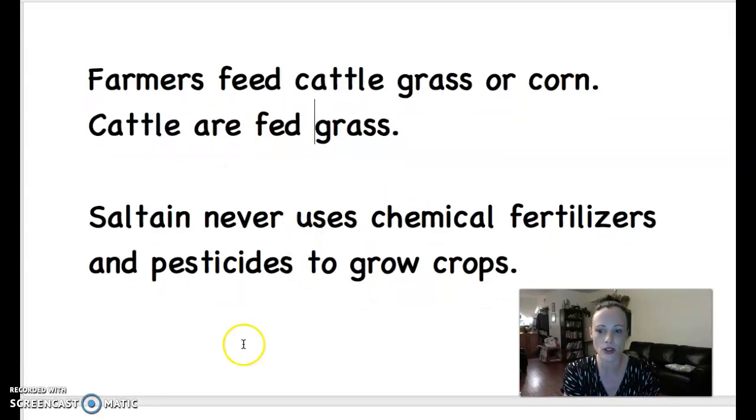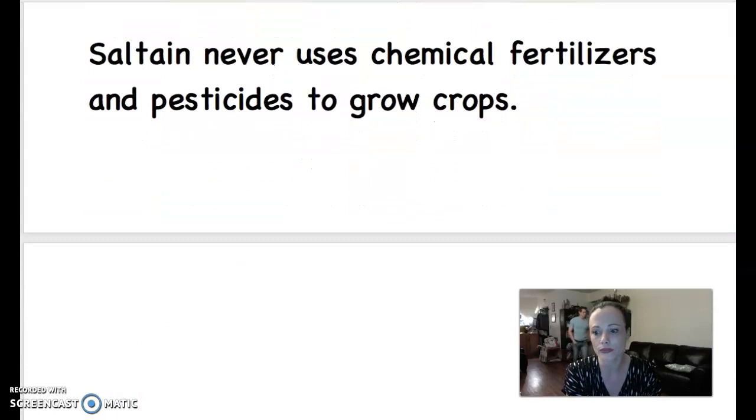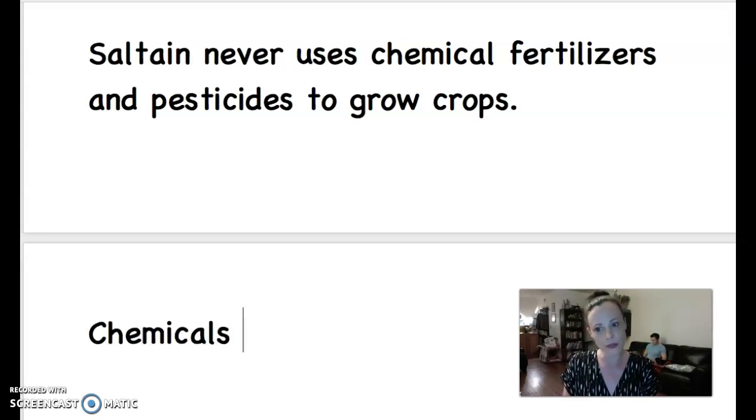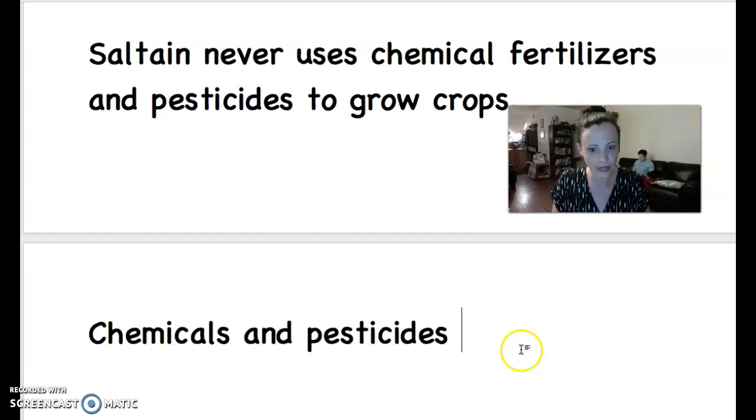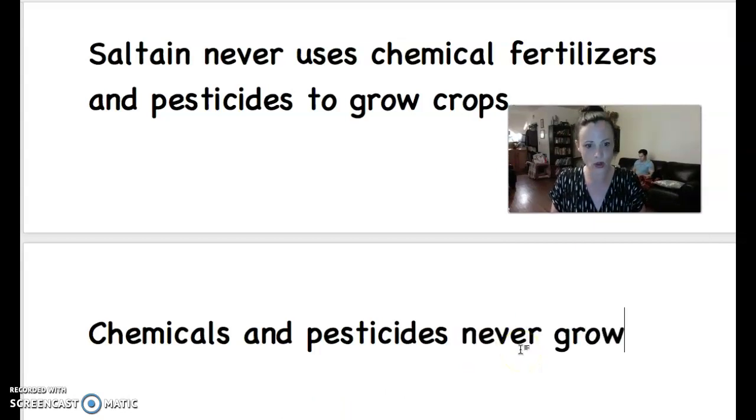Okay, and then I just wanted to show an example of the negative. So Salatin never uses chemical fertilizers and pesticides to grow crops. This is a good sentence. It's active. I saw some sentences that looked like this. Chemicals and pesticides never grow or never use by Salatin.